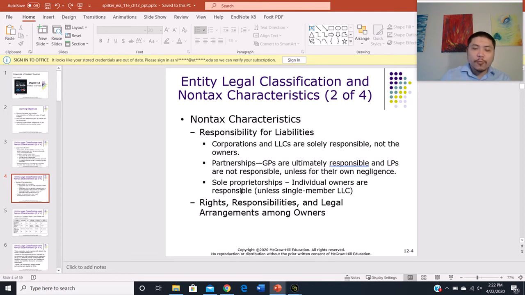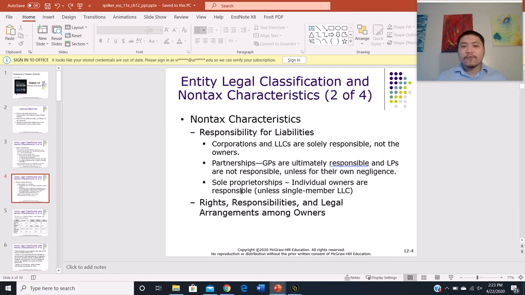First of all, for corporations and for LLCs, the entities are the ones who are responsible for the liabilities if there are such liabilities, right? So let's say the business acquires a loan from the bank. Now they have a liability to pay back the bank, right? The business itself is solely responsible to pay off the debt, the loan, and the bank cannot go after the owners to ask for the payment, right?